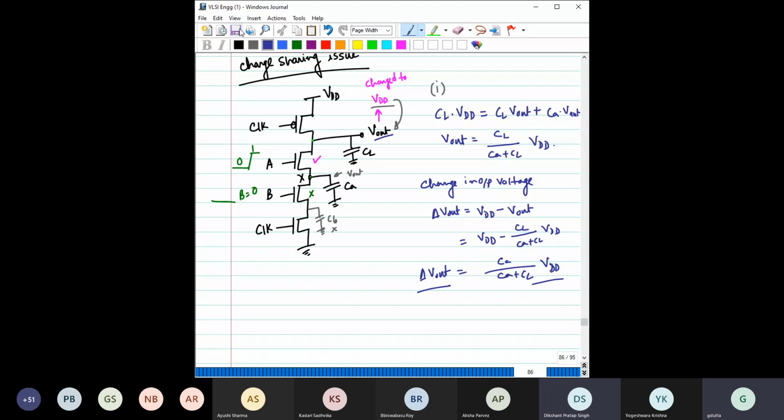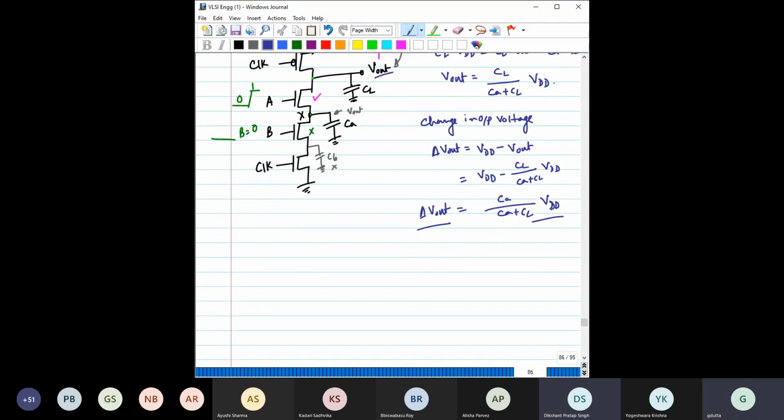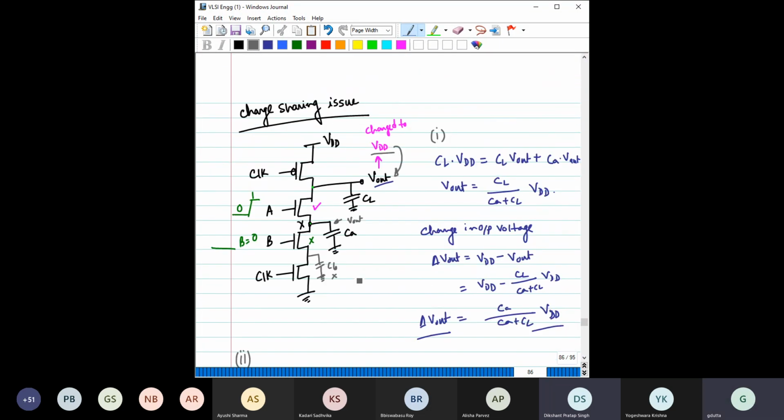Fine. Now let us come to the other case. What might the other scenario be? Say this CA value is low. Then whatever charge is coming can make the potential of this node X rise quite significantly.